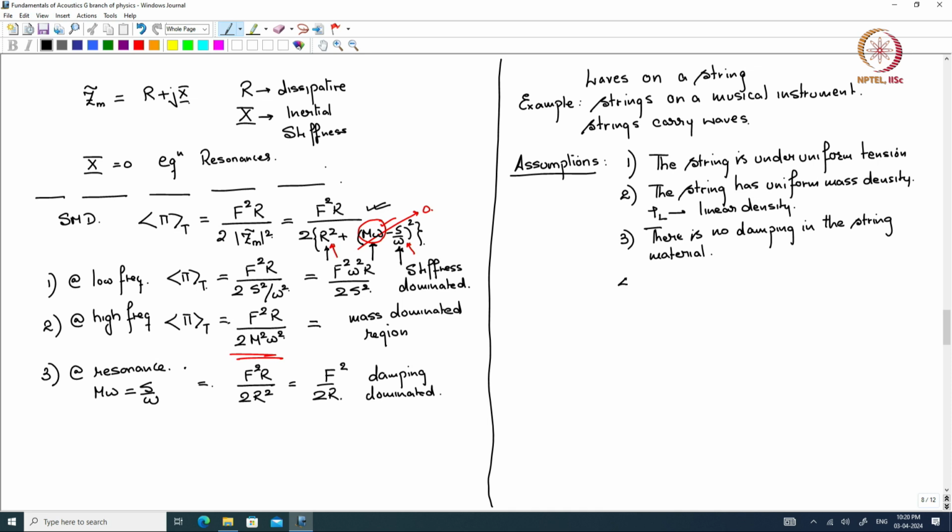In the model there is no dissipation whatsoever. Number 4, the tension in the string is high enough that gravity can be neglected.